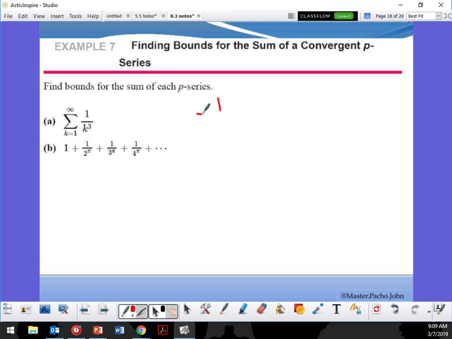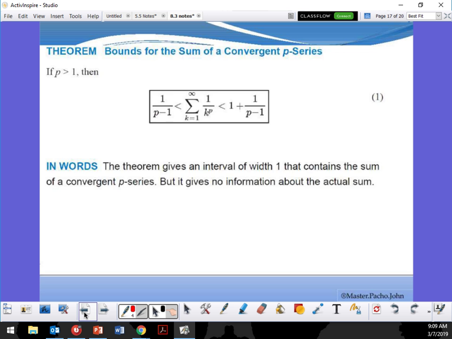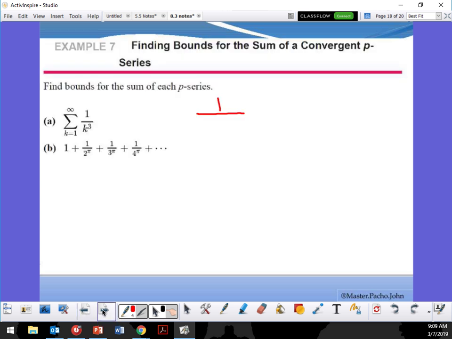So it's going to look like this: 1 over p minus 1, which is going to be less than the sum from k equals 1 of 1 over k to the third, and that's going to be less than 1 plus 1 over 3 minus 1.